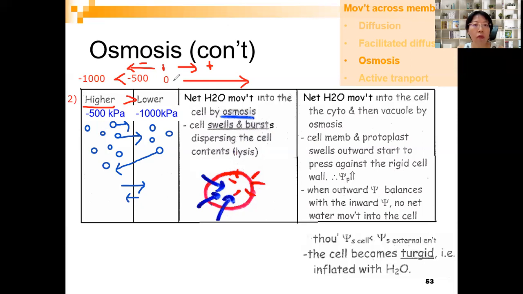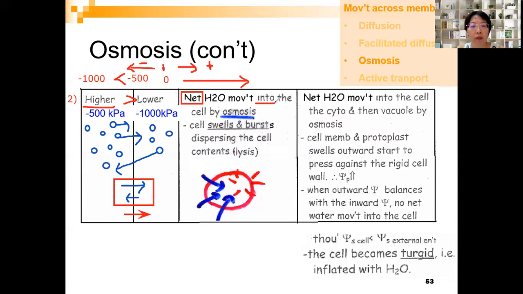So overall, when you consider all the water molecules moving in both directions, based on the water potential, I can conclude that there's a net water movement into the cell. But water molecules can move in as well as move out. The only thing is that there is a net water movement. Net is a keyword. Net movement is into the cell, but movement is into and out of the cell.